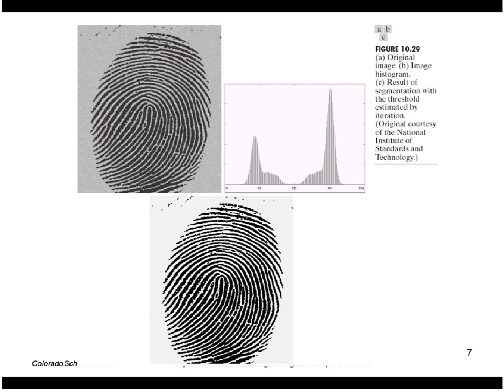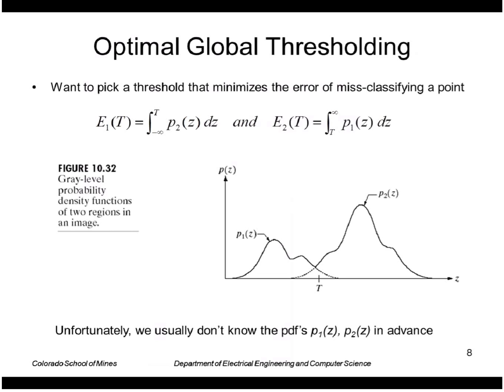We can actually do better than this, though. There's an optimal algorithm that wants to minimize the error of misclassification. Imagine that you had 2 groups, two peaks in your probability distribution, and you knew the probability profile of group 1 and of group 2.